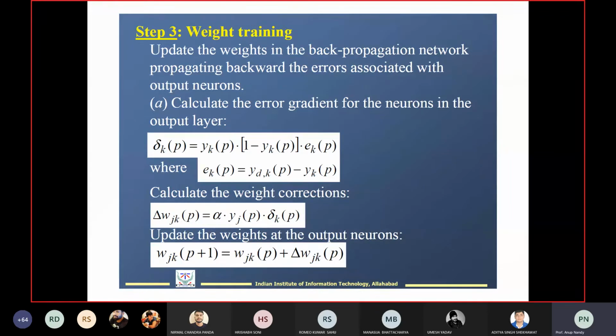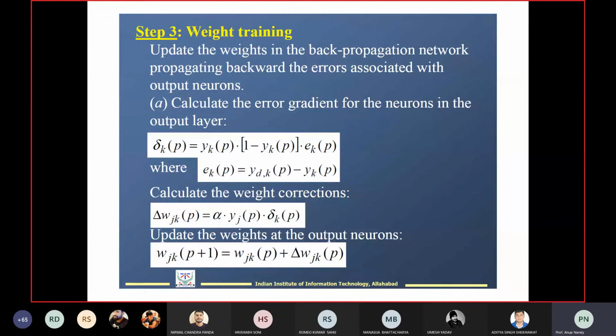You are going to do these weight corrections whenever you are propagating back from k to j, from the output layer to the hidden layer, wjkp. So for the jth neuron in the hidden layer and the kth neuron in the output layer, you have to do this weight correction, because you need to do the weight correction while propagating the errors in the backward direction.